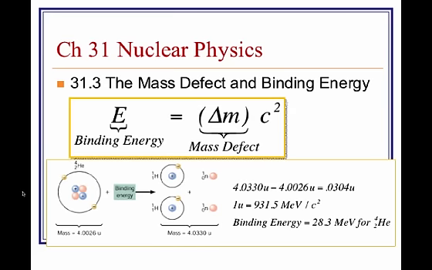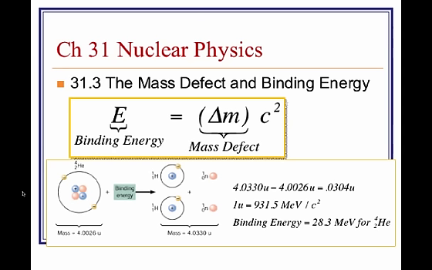Mass defect is really the difference between the mass of the individual particles that make up a molecule and the total mass of the molecule itself. If we look here, helium-4 has 2 protons, 2 neutrons, 2 electrons. Individually, those particles have more mass than the set molecule.